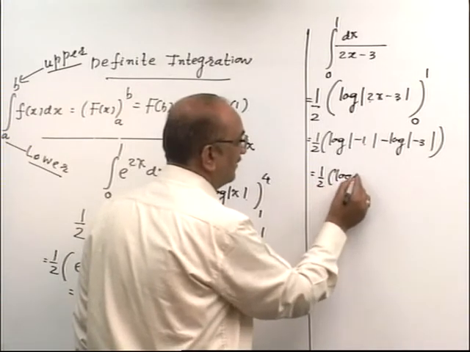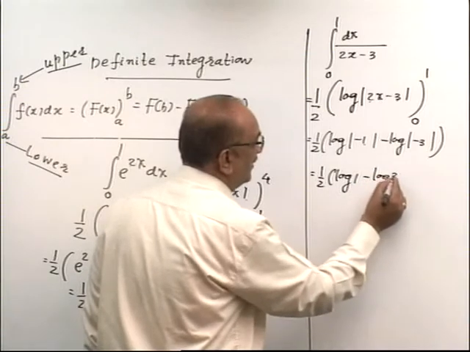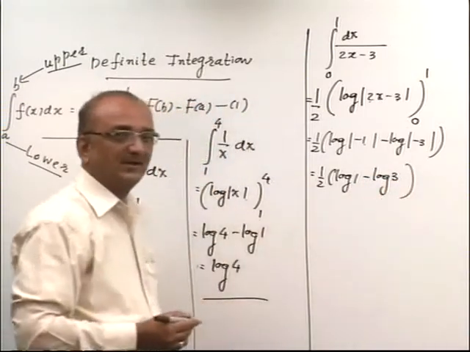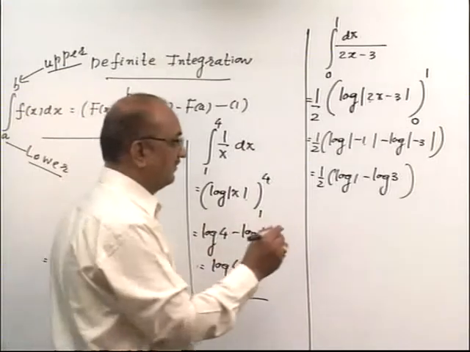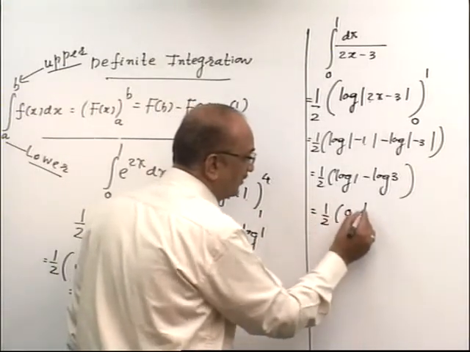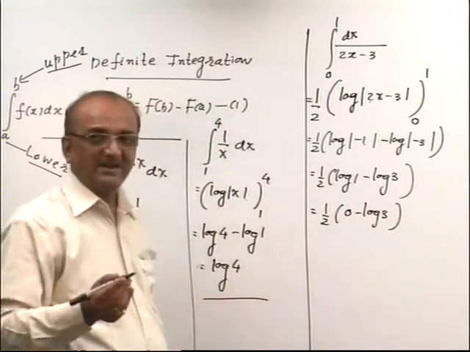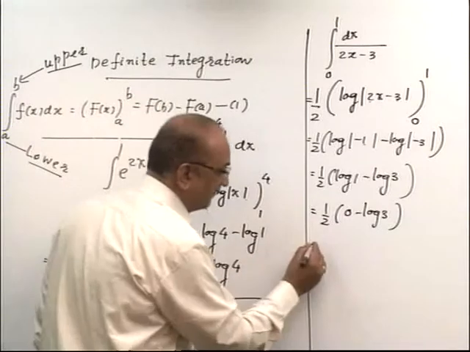1/2 log 1 minus log 3. Log 1 is 0, so 1 upon 2 into 0 minus log 3. You may write minus 1/2 log 3.